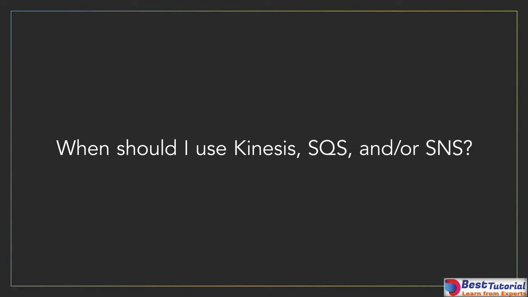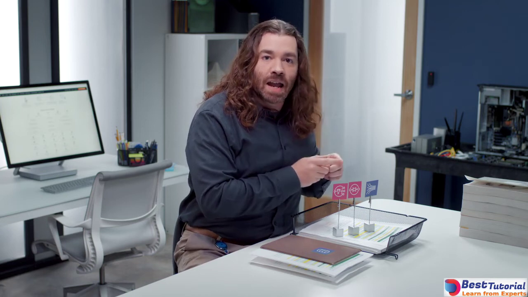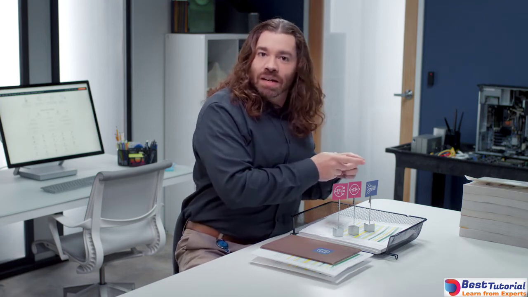Because you might use Kinesis to buffer your incoming data, but then also use SQS at the same time from one of your Kinesis workers to kick off a separate workflow when only certain events come into your Kinesis stream. If Kinesis is a nail gun, then SQS is a hammer, and you wouldn't use your nail gun to hang a picture. But if you're replacing a roof, you'll need both tools.